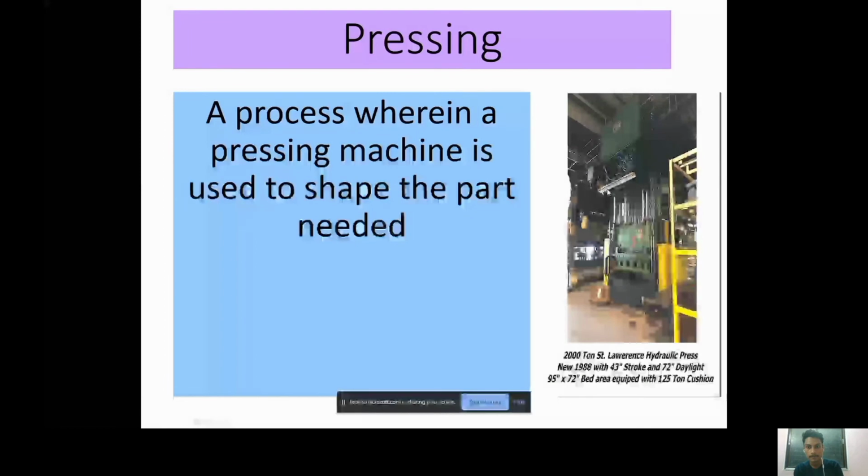This is pressing, and this is a pressing machine. It is a process wherein a pressing machine is used to shape the part as needed, to the required size and shape.